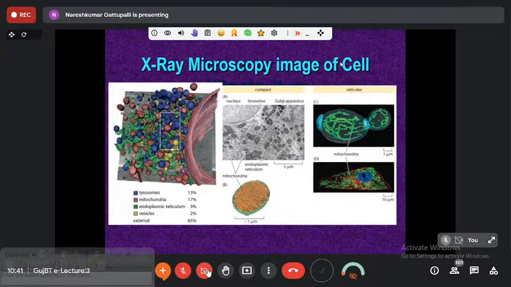So if you now look at this, and we already said the eukaryotic cell is much bigger than the bacterial system. If you look at this mitochondria, each one you can see as a bacterial cell, and there are so many bacterial cells present inside the eukaryotic cell.